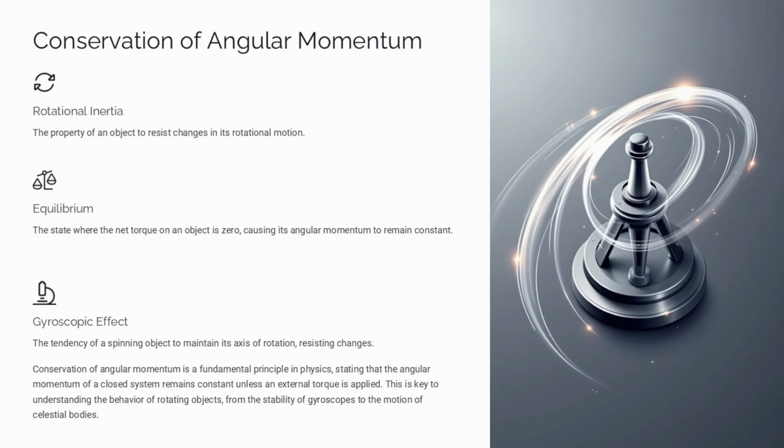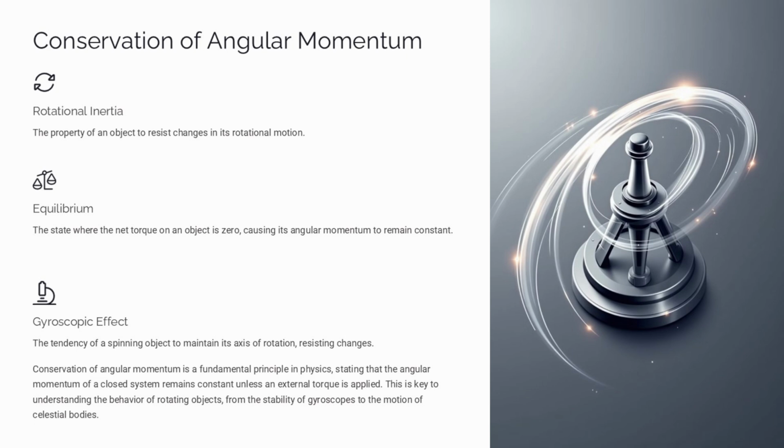Conservation of angular momentum is a fundamental principle in physics. It states that the angular momentum of a closed system remains constant unless an external torque is applied. This is a key concept for understanding the behavior of rotating objects, from the stability of gyroscopes to the motion of celestial bodies. Rotational inertia is the property of an object to resist changes in its rotational motion.